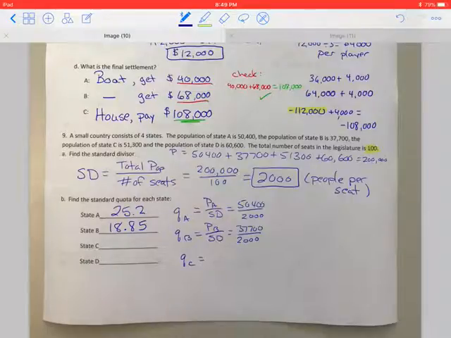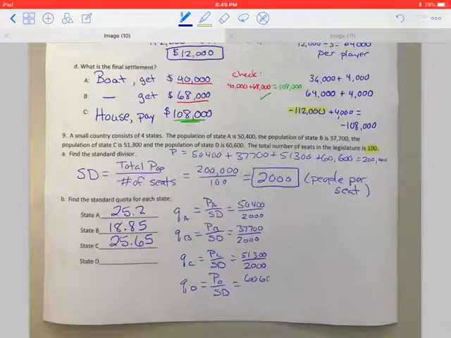If we repeat the same thing for C, we're going to get 51,300 divided by 2,000, and that one comes out to 25.65. And then finally the quota for D will be the population of D, which is 60,600, divided by 2,000, and that one comes out to be 30.3.